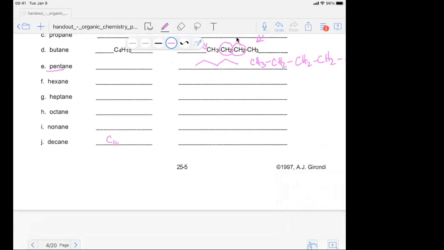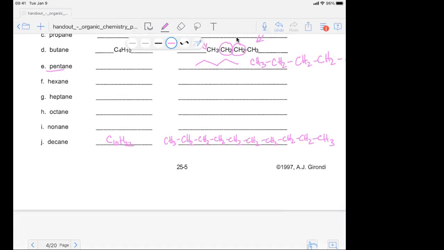So that means that there's 10 carbon atoms, and the general formula is CnH2n+2. 2 times 10 plus 2 is 22. And if I do the condensed formula, I start with a CH3 and I add CH2, that's 2 carbons, 3, 4, 5, 6, 7, 8, 9, and my last one is a CH3.